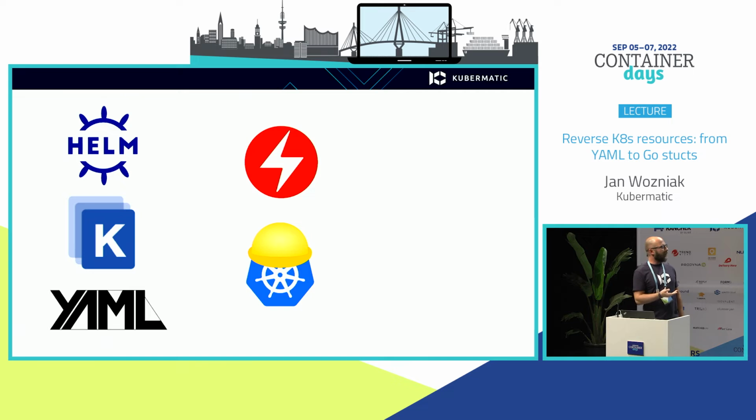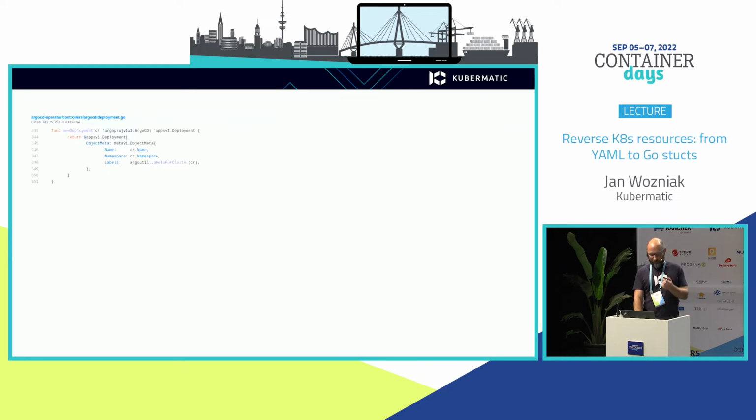The community has started this pattern of writing operators on top of their deployment packages, and most of those operators are currently being written in Go. So there is this little discrepancy: you have defined something in YAML, and then you have your actions written in Go. And I, and not only me, thought that it might be beneficial to have it all in one place.